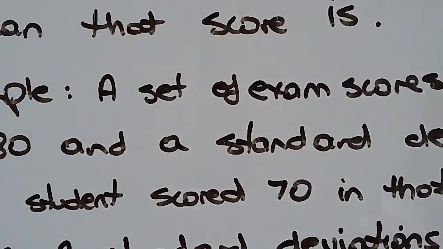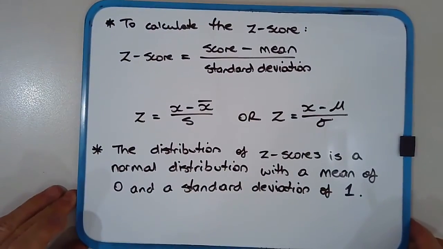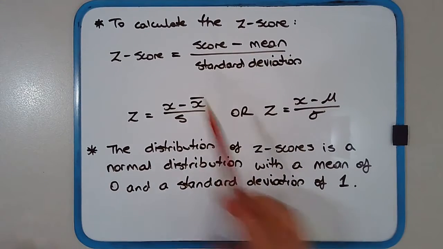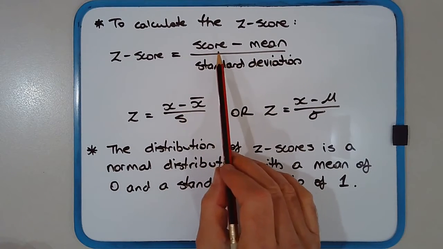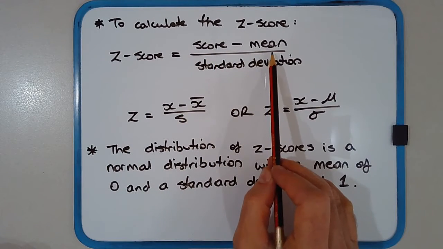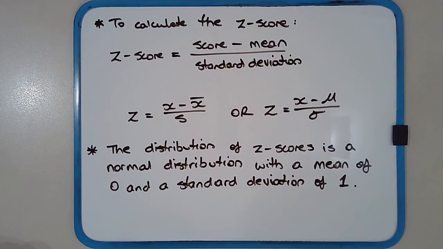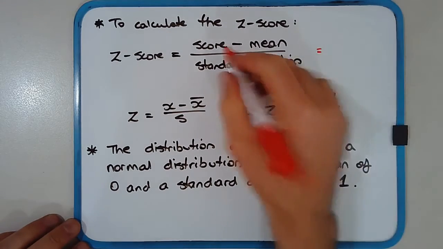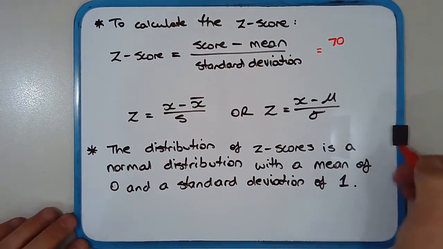So how do we work this out? As always, what's maths without a formula? To calculate the Z-score, the Z-score is the score minus the mean, divided by the standard deviation. So if we took that last example, that student's score was 70.